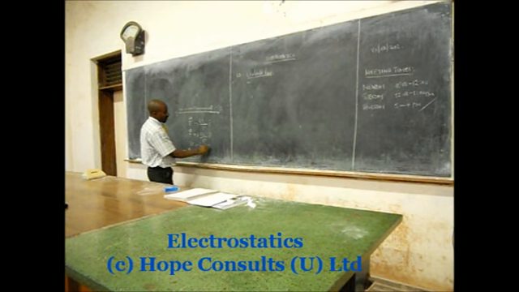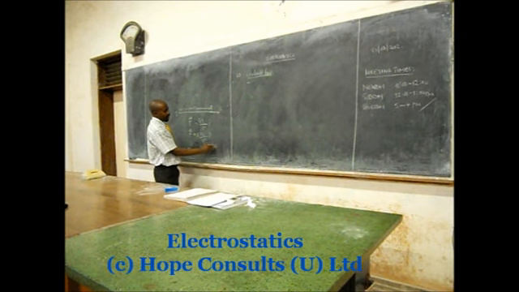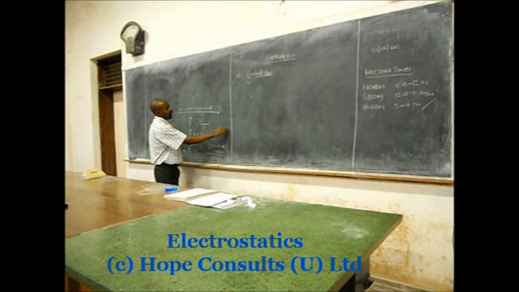And we know that epsilon naught, the permittivity of free space, is 8.85 times 10 to the power negative 12 farads per meter.